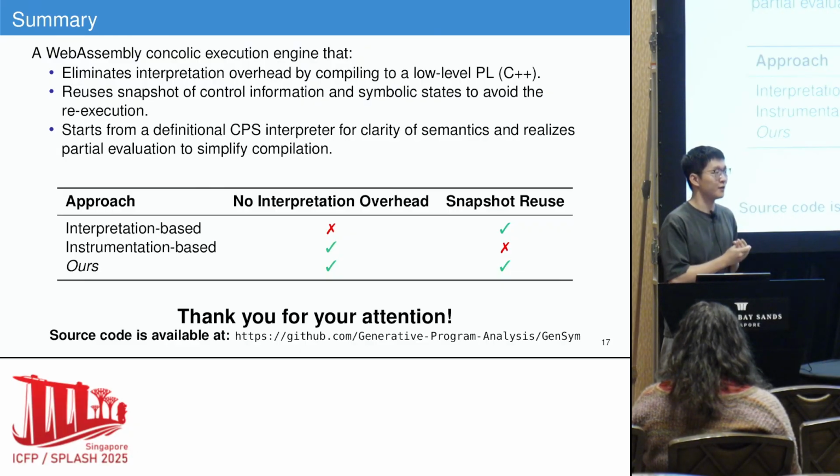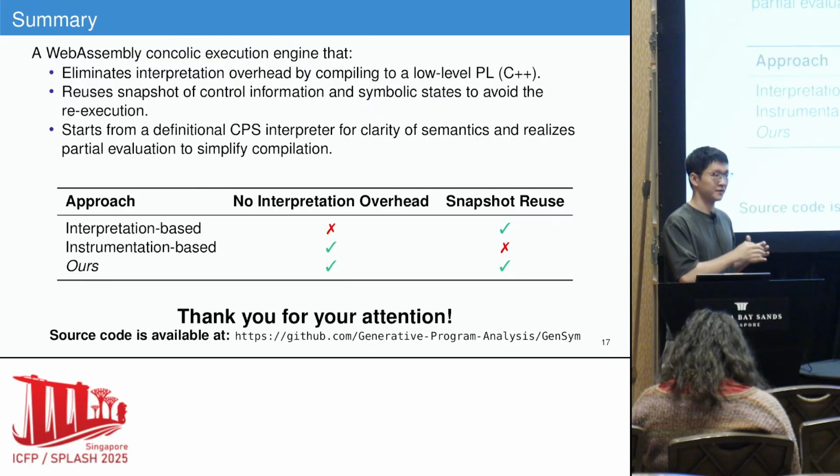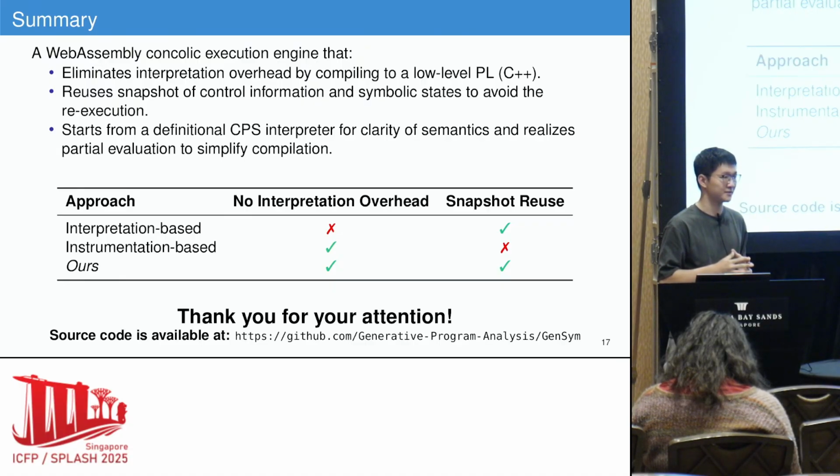That is not just overhead, but it's also not semantic based. So I'm not sure if I'm answering your question, but our work is based on instrumentation on an interpreter, which is semantic based, so we can ensure the correctness all the time. But if you want to do that via instrumentation, I think it's hard to ensure the correctness. Yeah. Okay, we can talk more offline. Yeah, of course. Cool.